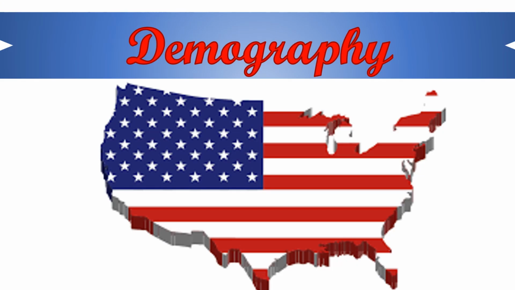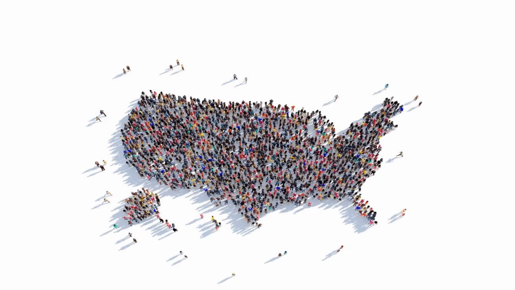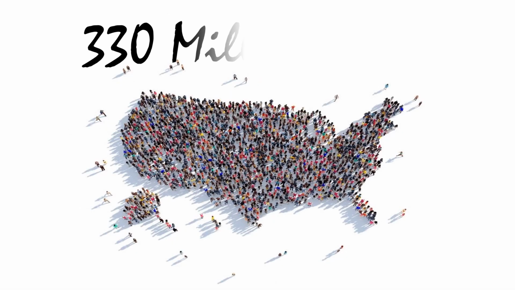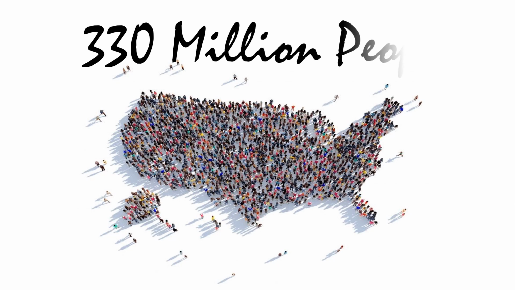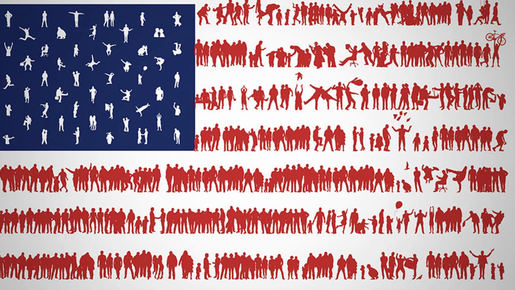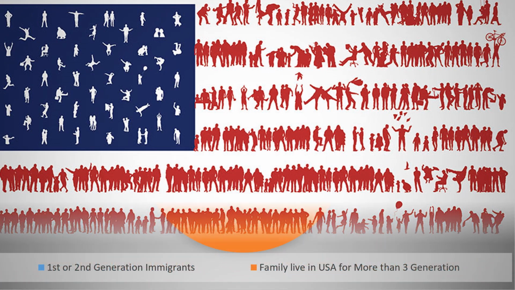American demography. United States population is 330 million and it increases by one person every 19 seconds. United States is a nation of immigrants.